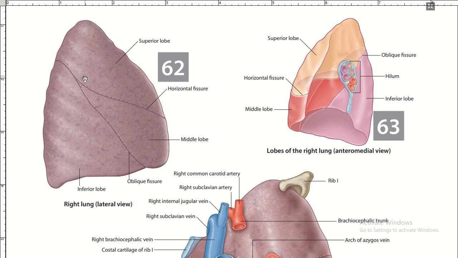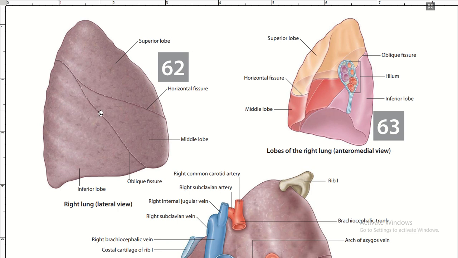So let's go to the oblique fissure. If you're going to draw a line from the root of the scapula going downward and anteriorly, meeting the 6th intercostal space, that will be your line for the oblique fissure.